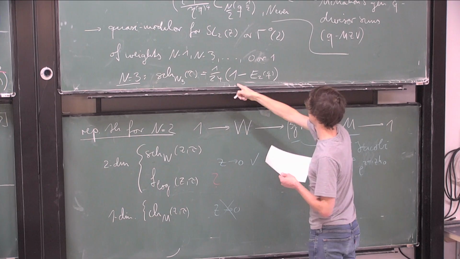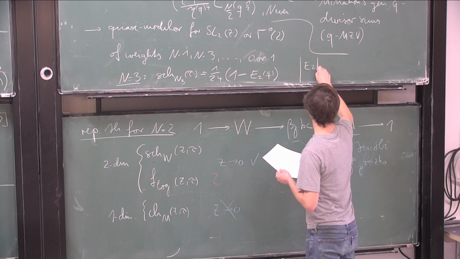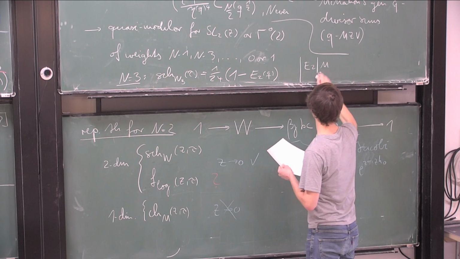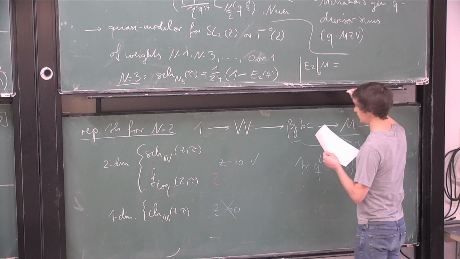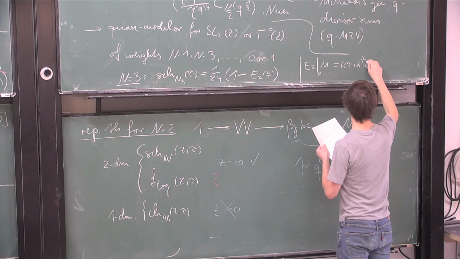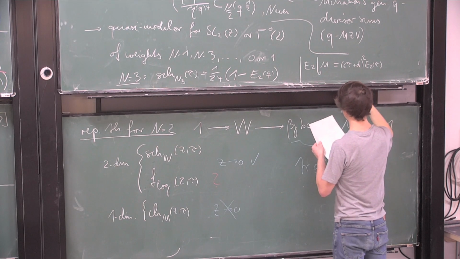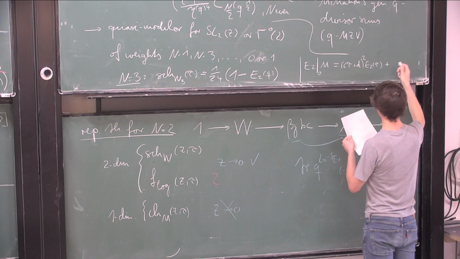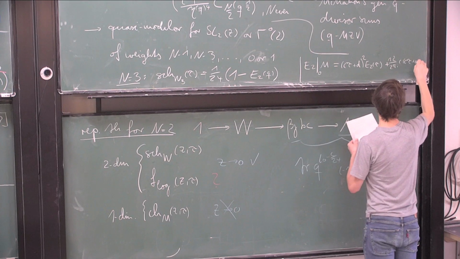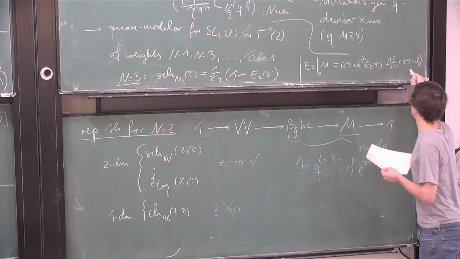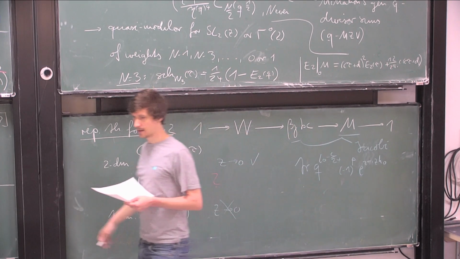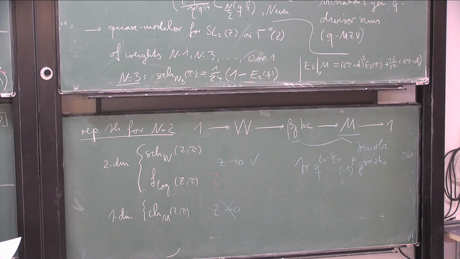The modular transformation: if I take E2 and do the transformation for some matrix of weight 0, then what you end up with is (c tau plus d) squared E2 plus 12 over 2 pi i times c times (c tau plus d). So you end up with positive powers of log q, and that's what you want. So that's fine here.